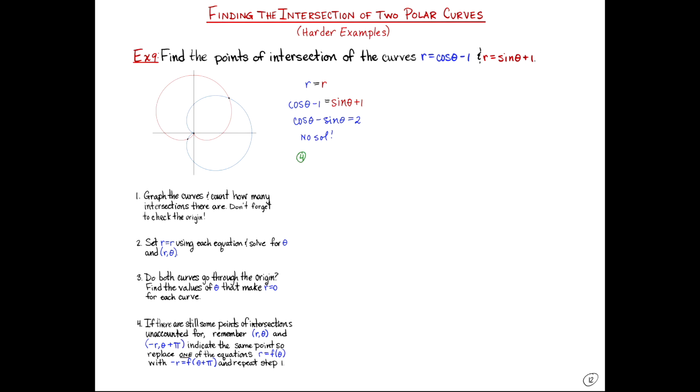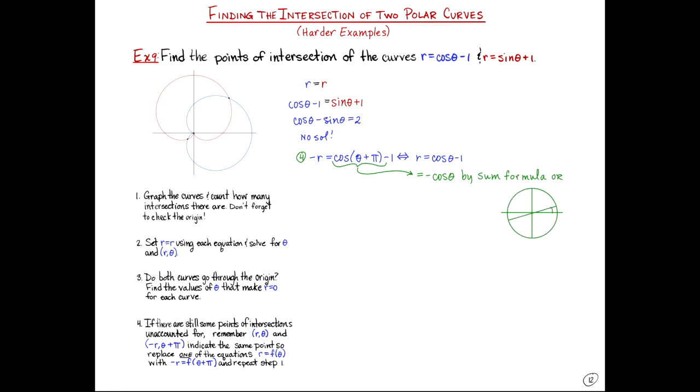By step 4, we know that negative r equal to cosine of (theta plus pi) minus 1 gives us the same curve as r equal to cosine theta minus 1. Cosine of (theta plus pi) is equal to negative cosine theta. You can either use the sum formula, or you could look at the unit circle.